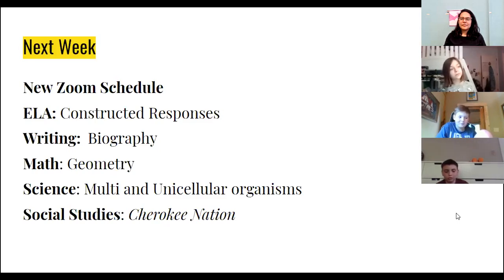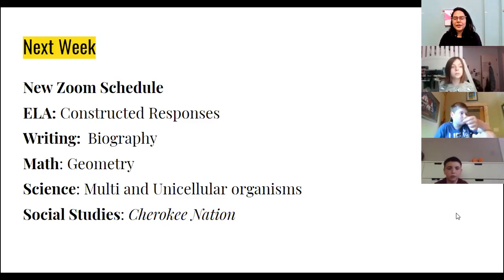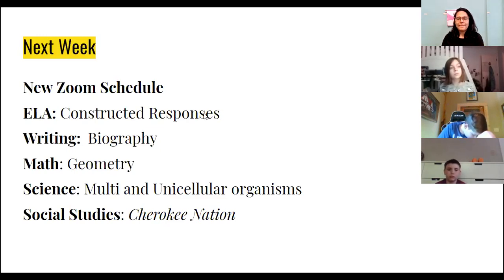But in this book, there's no written stuff. I'm not sure about this year, and because of COVID, I know it's not going to be exactly the same. But I do want to teach you the constructed responses just in case.